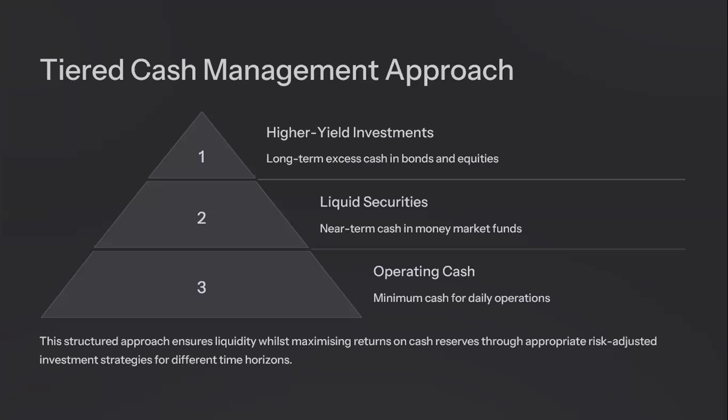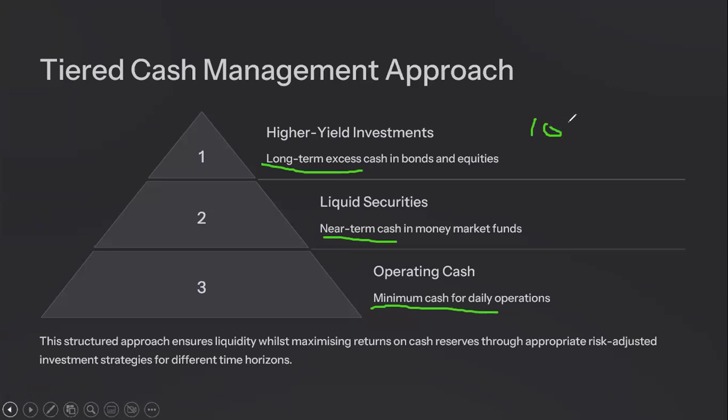As per this approach, if I have only regular funds available, then I should ensure minimum cash for daily operations, very little liquidity, and invest more in long-term cash. For example, I'll consider three categories.